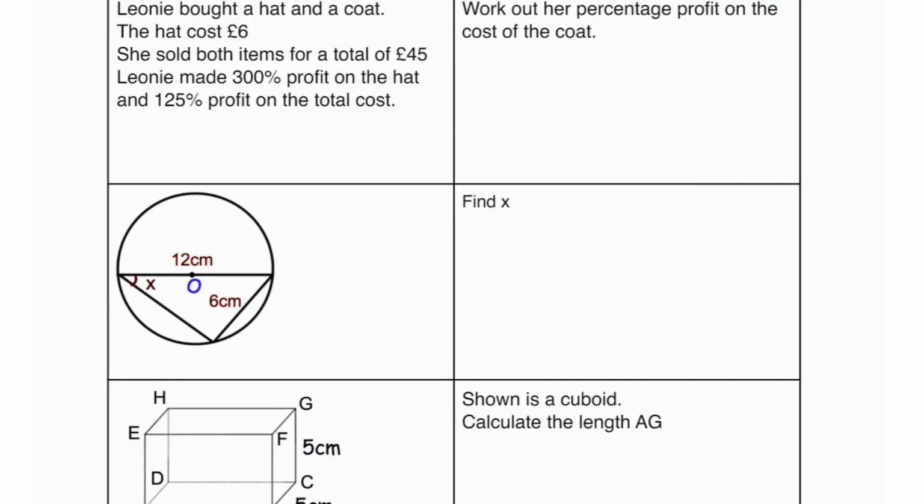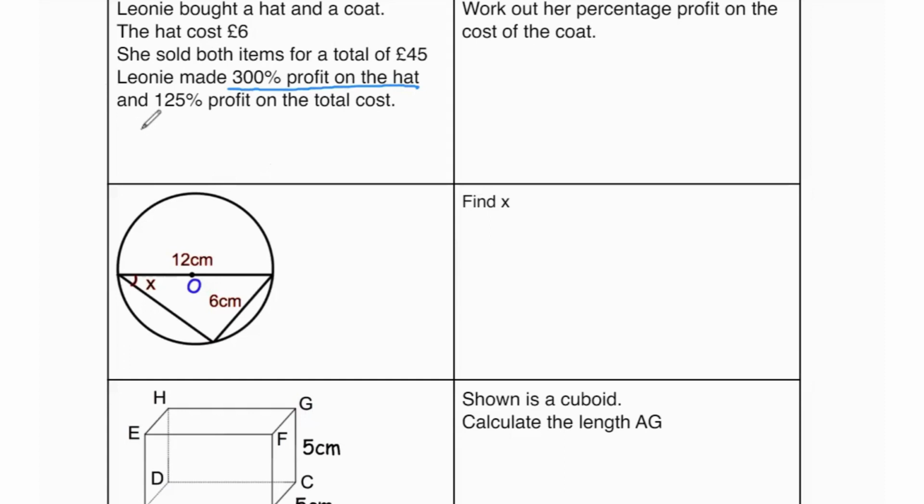Next question is that Leonie bought a hat and a coat. The hat cost £6. She sold both items for a total of £45. Leonie made a 300% profit on the hat and 125% profit on the total cost. Work out the percentage profit on the cost of the coat. So cost of the hat is £6, and she made a profit of 300% on the cost of the hat.